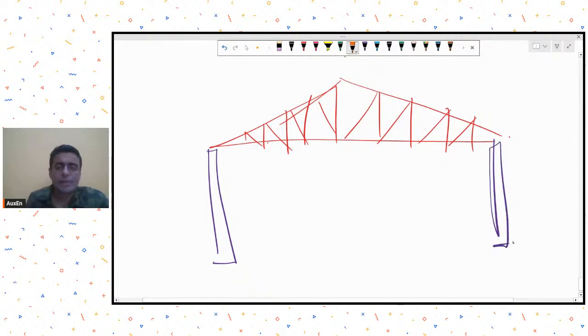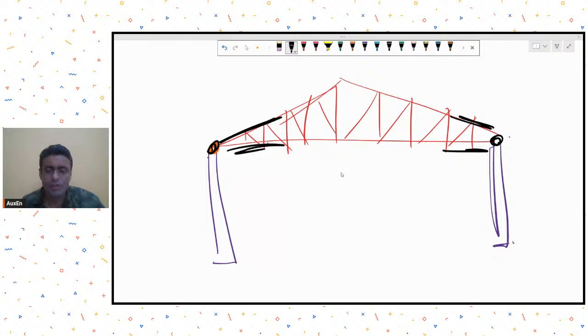Now the problem is, suppose you were to provide a rigid joint over here. What will happen if you provide a rigid joint? You will see failures in these locations in the truss because of the end moments, and these end moments will then be taken as intensified axial tensions and compressions in these regions.